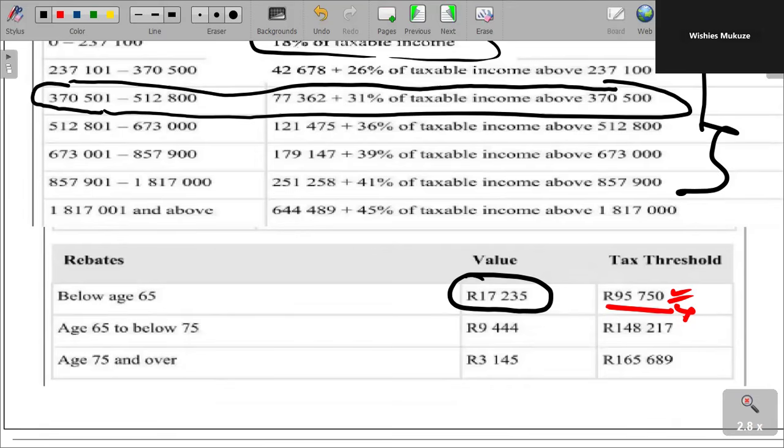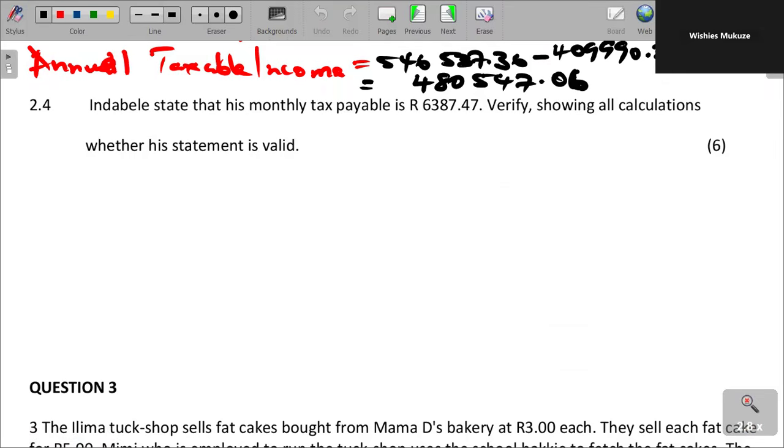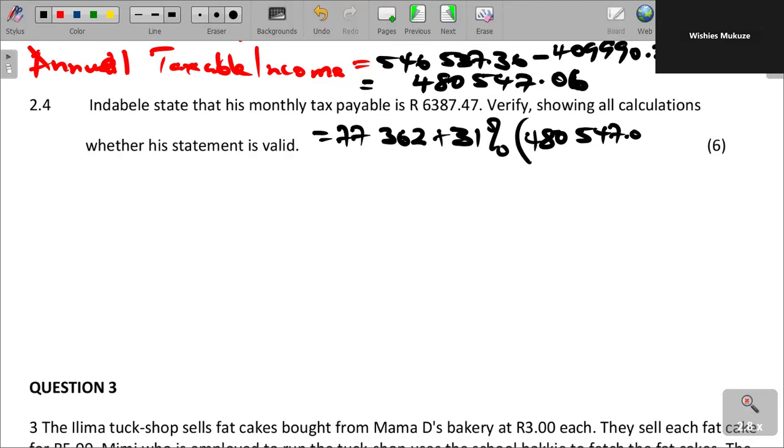So we have 77,362 plus 31% of the total money Mr. Indebele is earning, 480,547.6, minus 370,500.